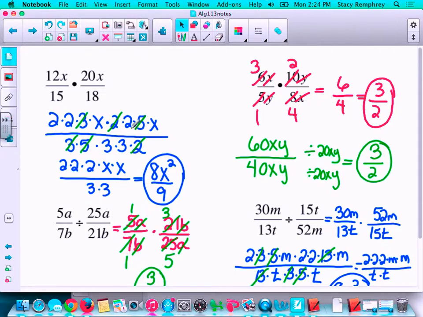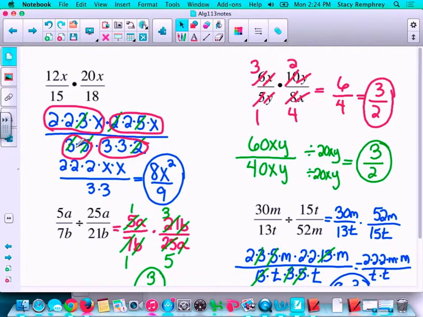Okay. Now, you'll see what I did. Again, I did it a couple different ways just to show you. So this piece here, what I did there is I took the 12x and divided it into its prime factors. This is the 20x into its prime factors. There's the 15 in its prime factors. And here's the 18 with its prime factors.